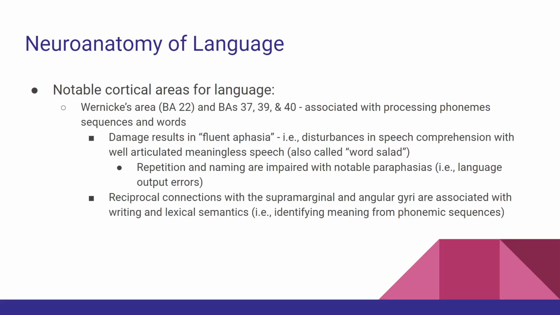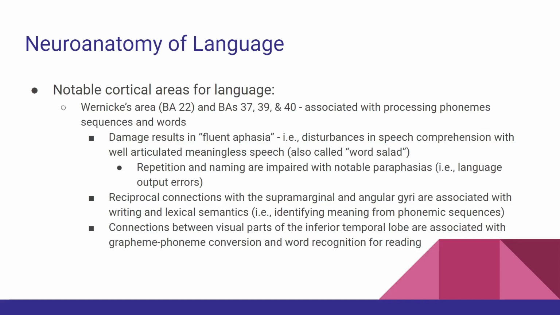These brain areas are also associated with writing and lexical semantics, which is the ability to identify meaning from phoneme sequences via connections with supramarginal and angular gyri. And connections between the visual parts of the inferior temporal lobe are associated with grapheme, which are the written displays of speech that are then converted into phonemes mentally so that we can recognize words while reading.